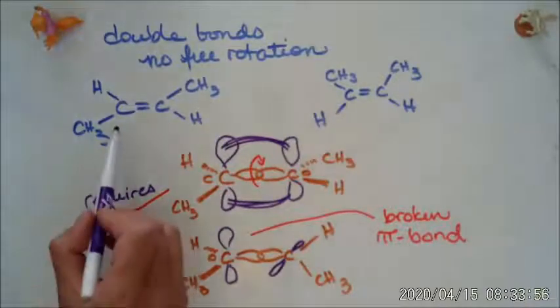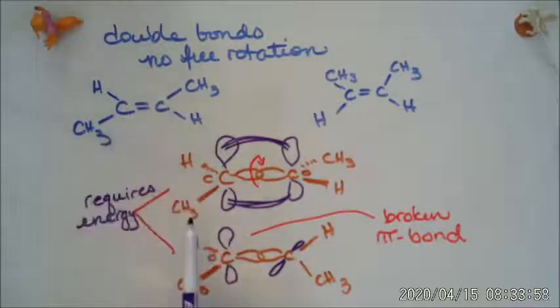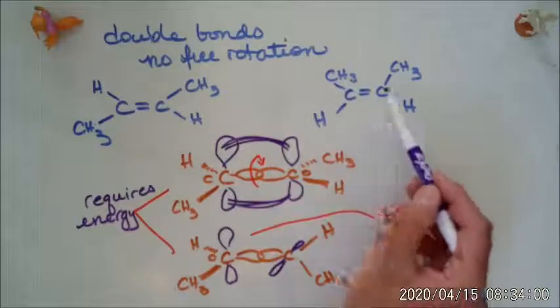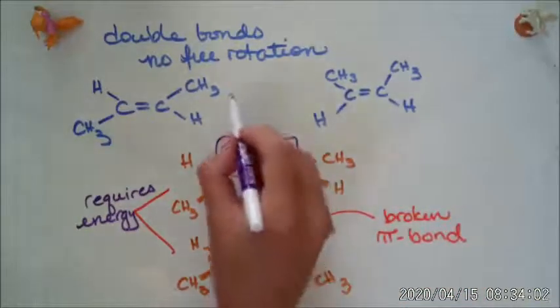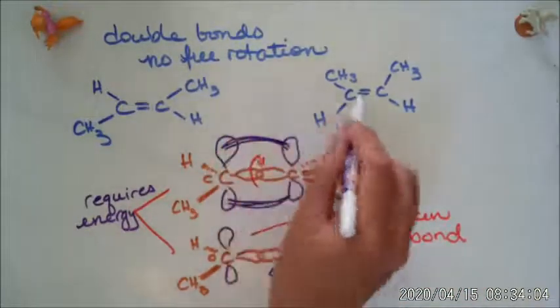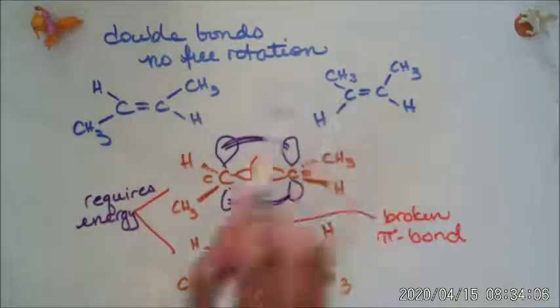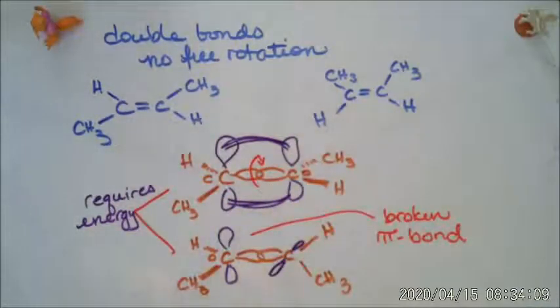We have a compound with this orientation, and a compound with this orientation. But there's no free rotation around this to go from here to here, like you would see with a single bond. Because of that, we have two completely different structures, okay? These are two different compounds.